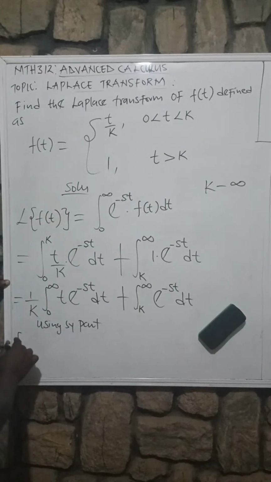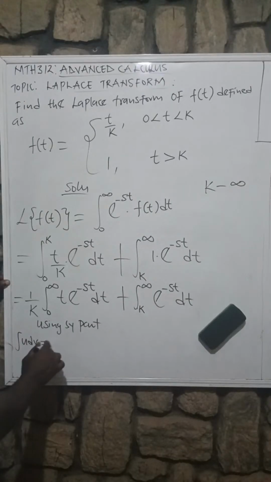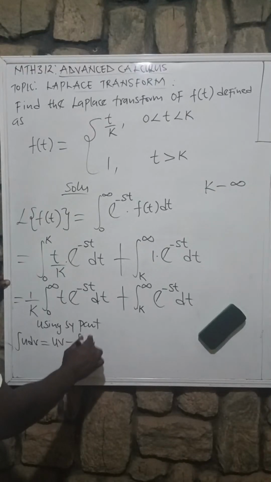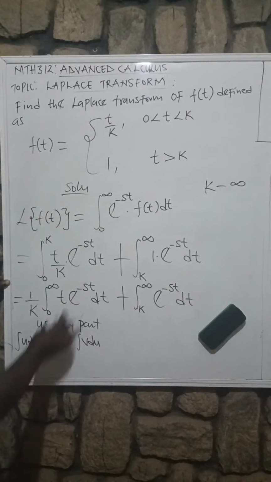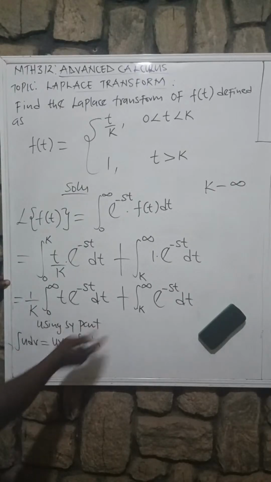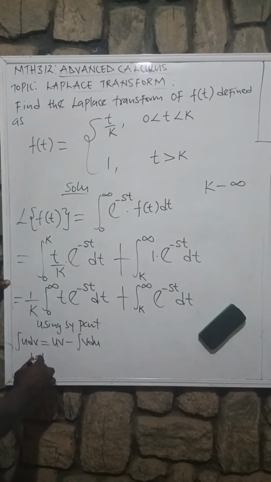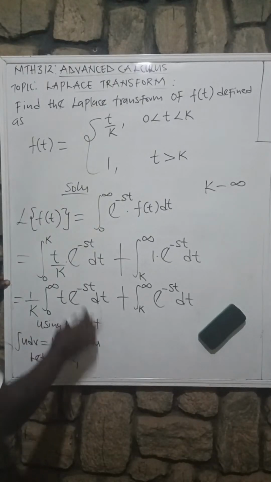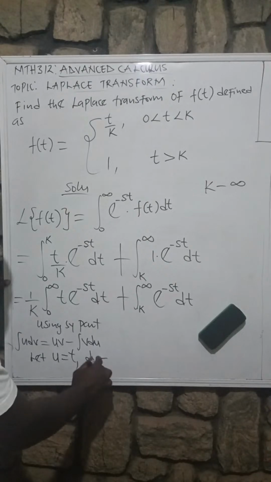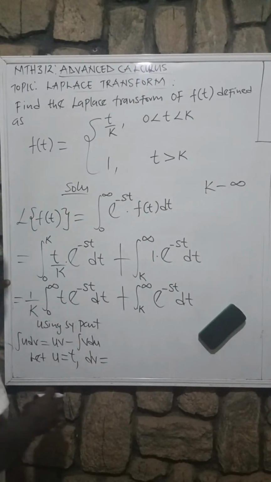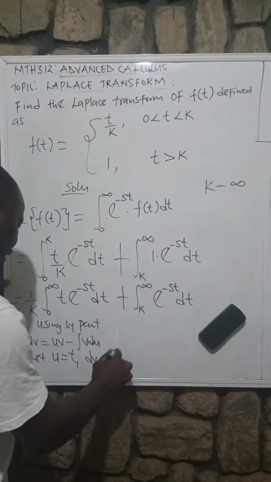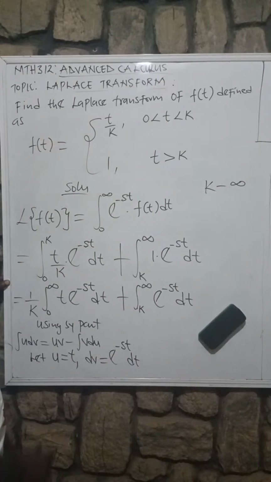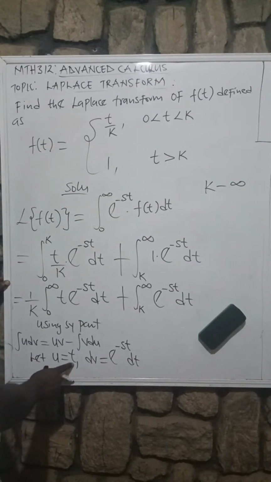So integration by parts is the integral of u dv equals uv minus the integral of v du, right? Now let u be equal to t, and dv equal to exponential minus st dt.